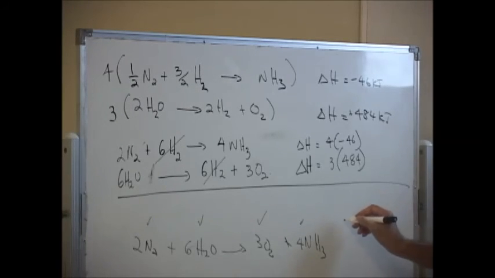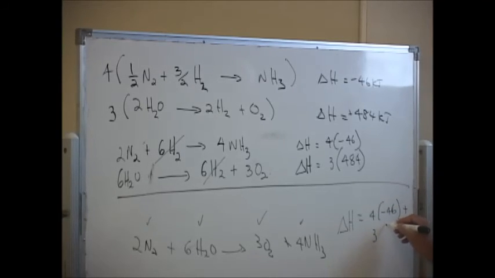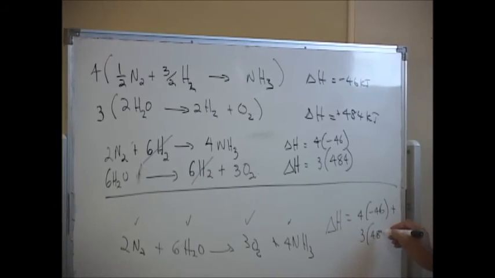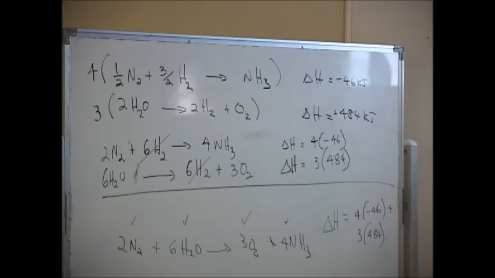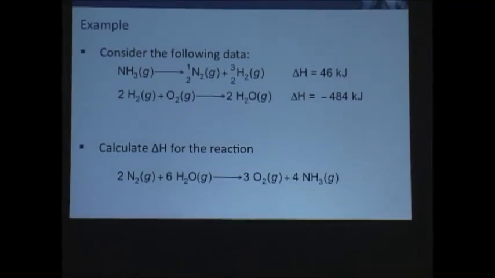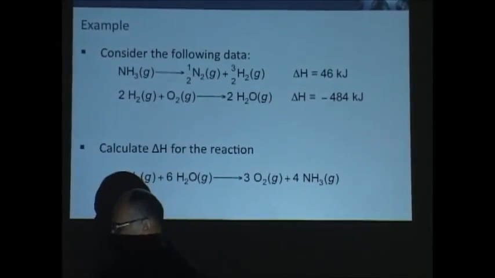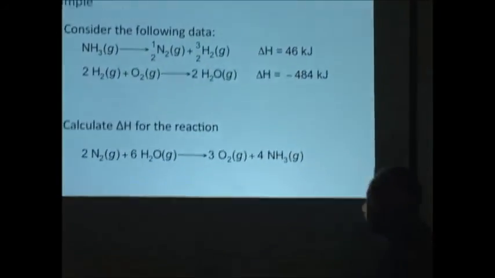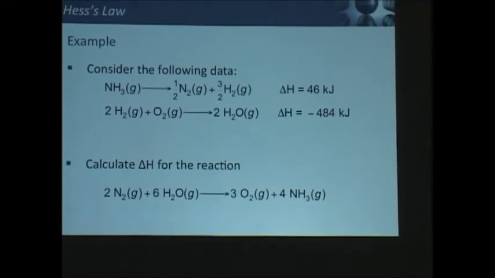So your overall enthalpy will be equal to 4 times minus 46 plus 3 into 484. Okay, I haven't got the value calculated, but you can determine that quantity of energy from the numbers, and you can get the overall enthalpy change.